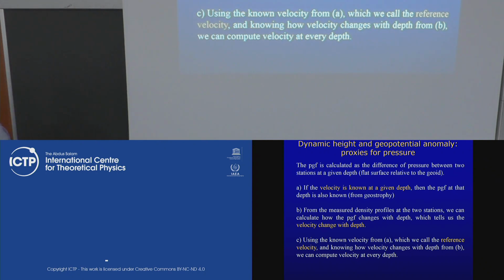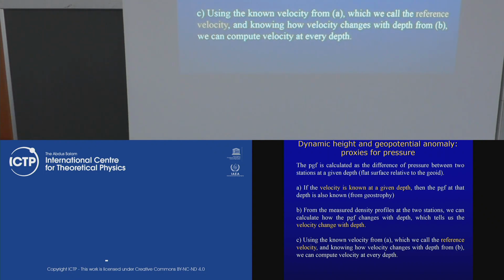Or vice versa. If we know the pressure gradient force, we know the geostrophic flow. And from the measured density profiles at two stations, we can calculate how the pressure gradient force changes with depth, which tells us the velocity changes with depth, always from the thermal wind relationship.